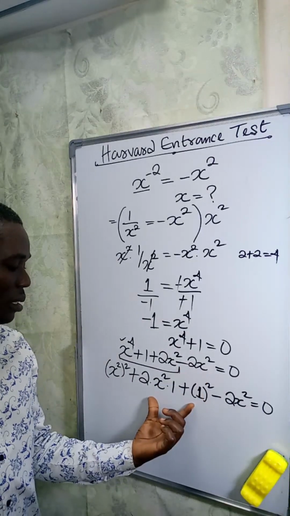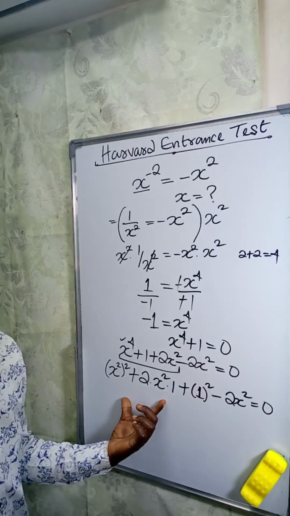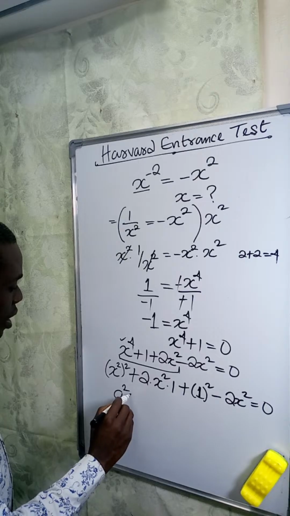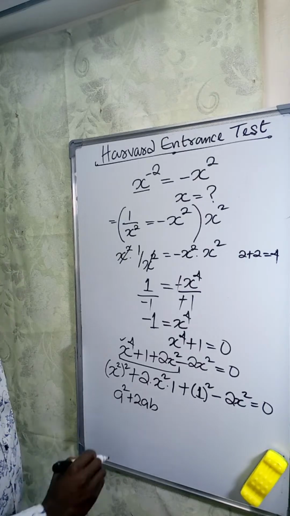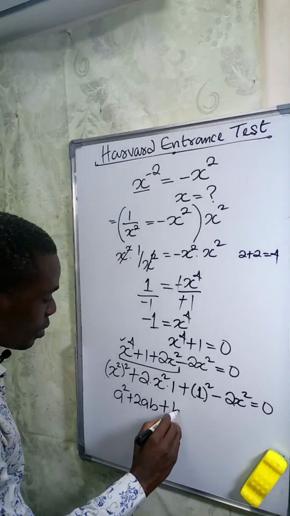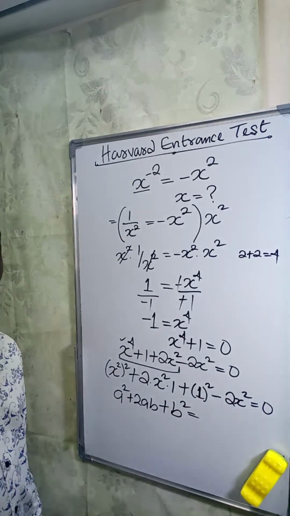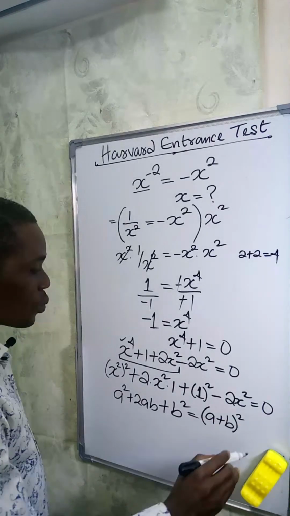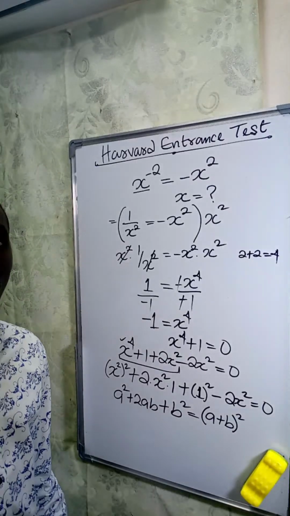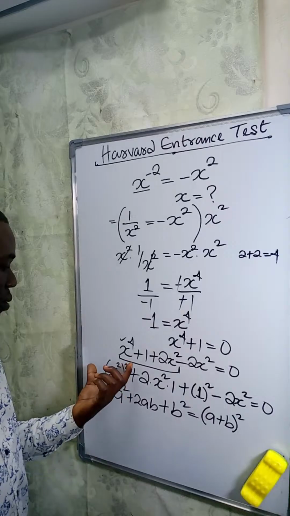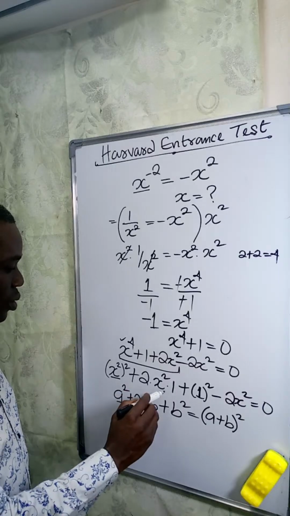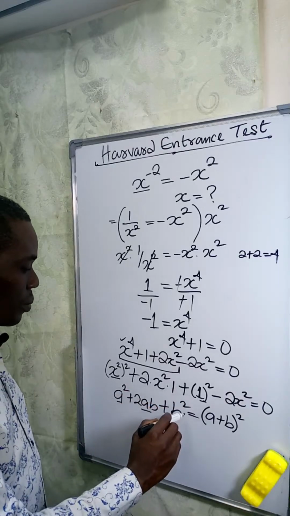Now, if you look at this expression very well, which is an algebraic formula, you find out that this is equivalent to a squared plus 2ab plus b squared, and this is equal to, remember, a plus b all squared. And that is an algebraic expression. So if this expression is equivalent to this, that means this represents a, while this represents b.